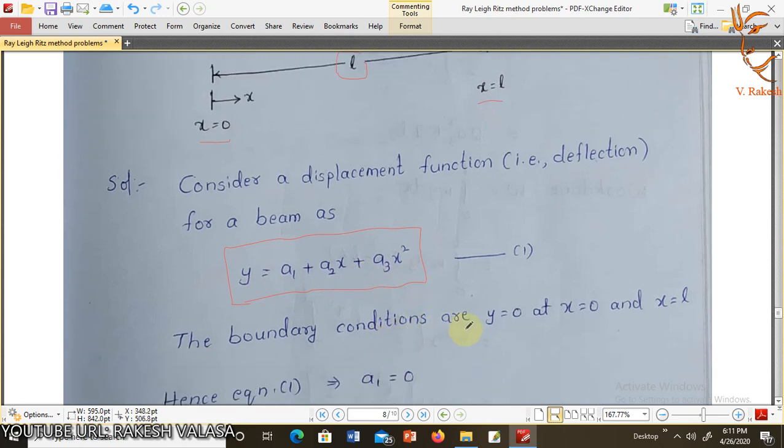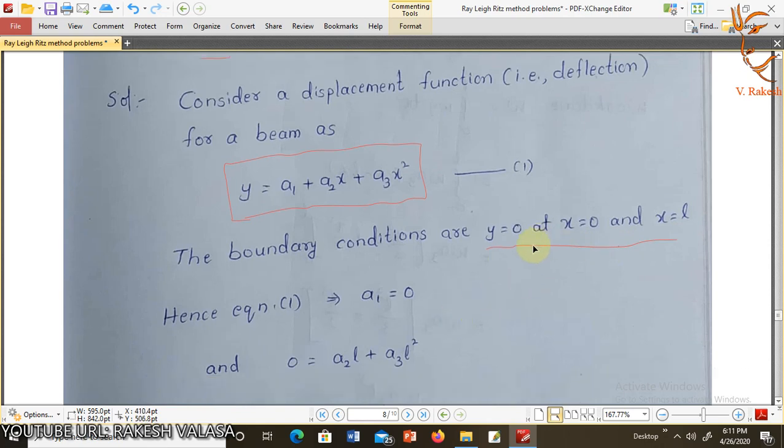The boundary conditions are y equals 0 at x equals 0 and x equals L. Now apply the boundary conditions in equation 1. We get y equals 0, so a1 plus a2 into 0 plus a3 into 0 square gives a1 equals 0.